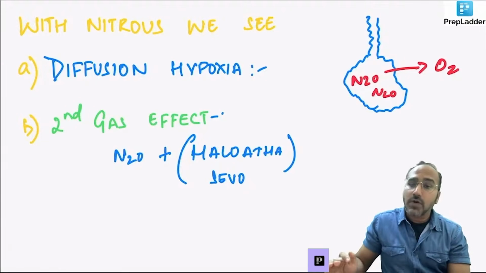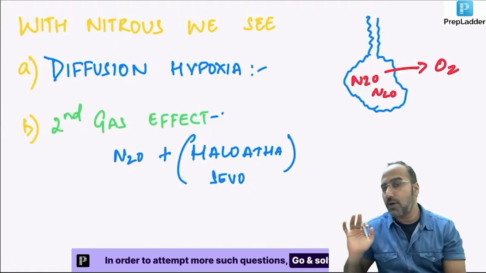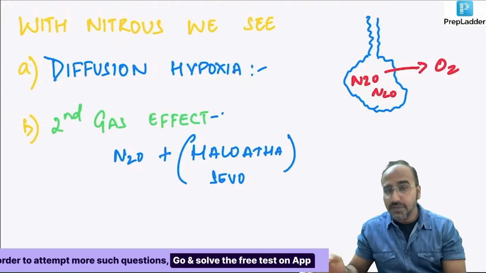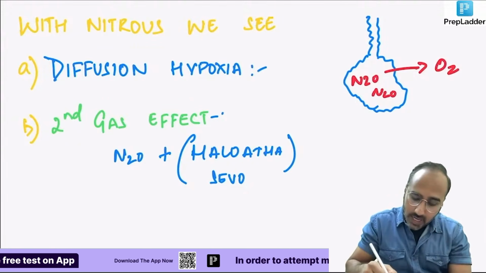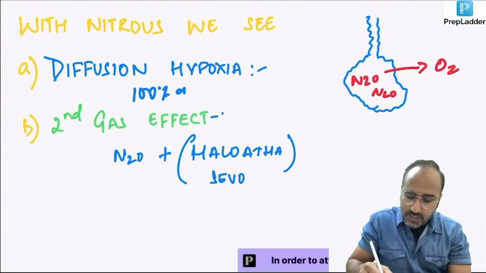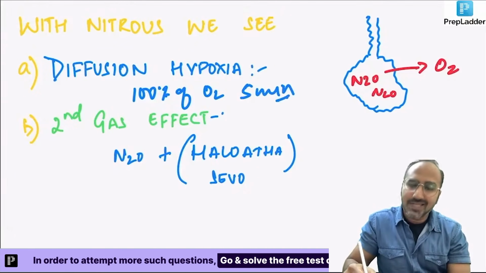So diffusion hypoxia, what do you see? Remember, as nitrous is heavy, it displaces the oxygen outside the alveoli. So at the end of surgery, while you are cutting down the nitrous, give 100% oxygen for 5 minutes to prevent this diffusion hypoxia.